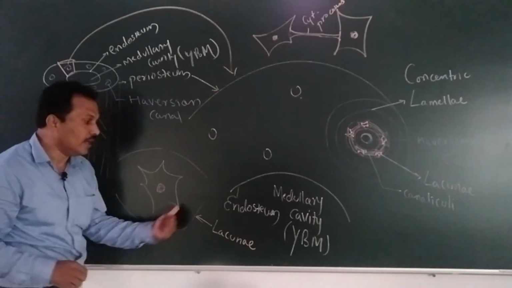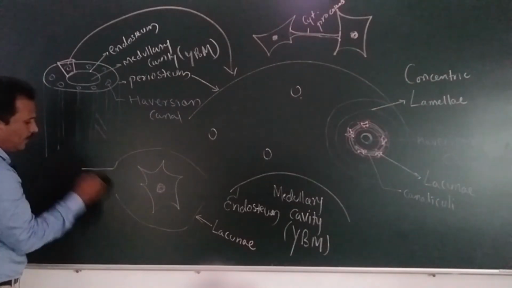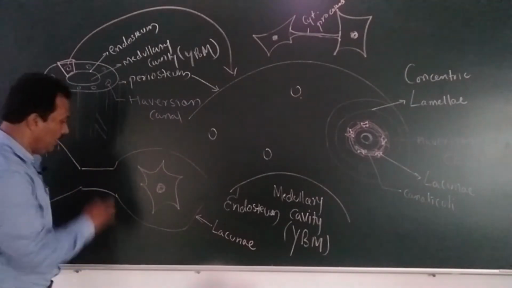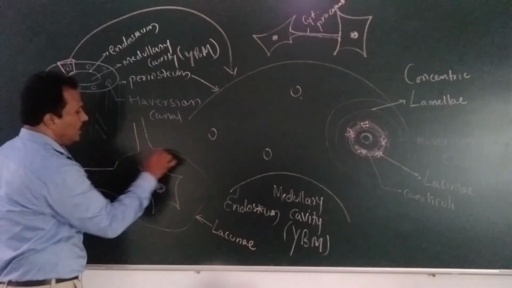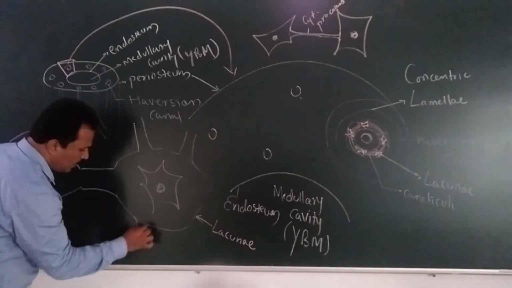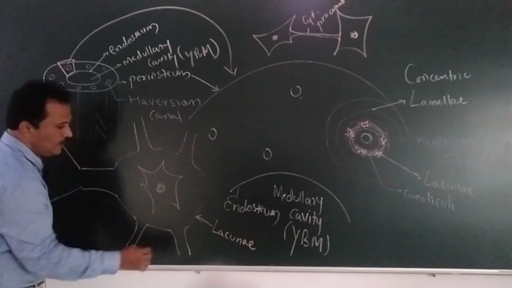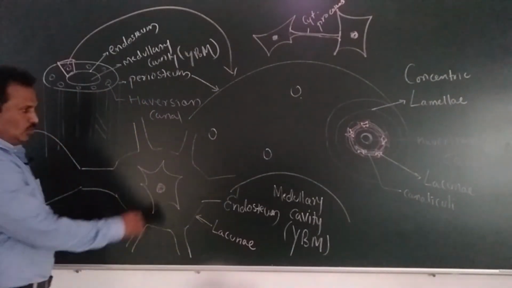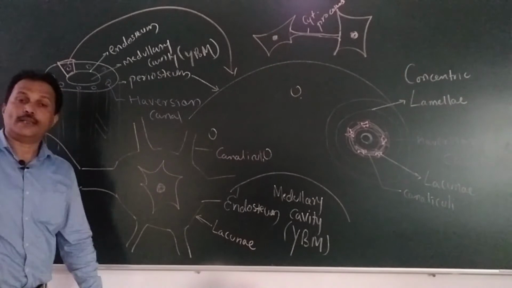This lacunae is interconnected with another lacunae, and these radiating channels from the lacunae, connecting another lacunae, are known as canaliculi.